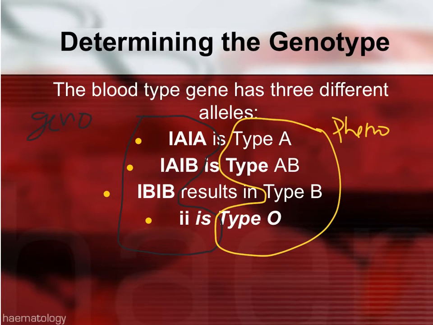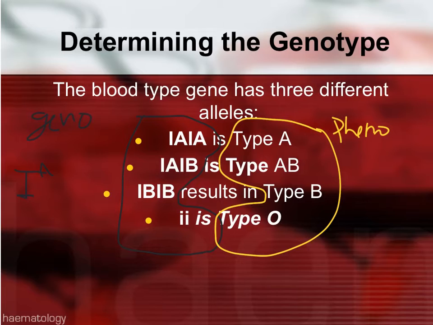So our first example here, we have AA. Now, it looks a little funny because when we're talking about genotype of blood, we're going to be writing it as IA. So that I stands for isoagglutinogen. And you'll see that I in all of the genotypes of our blood types.